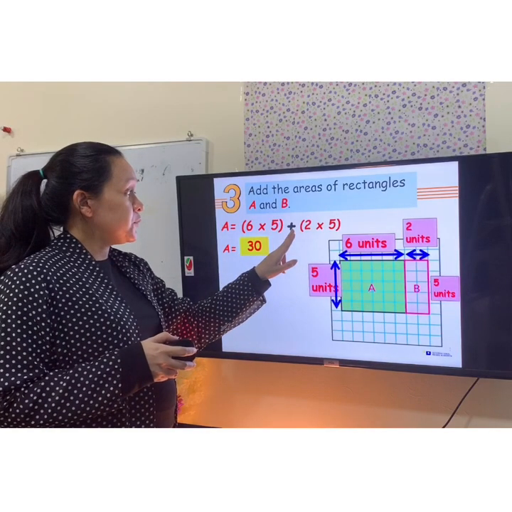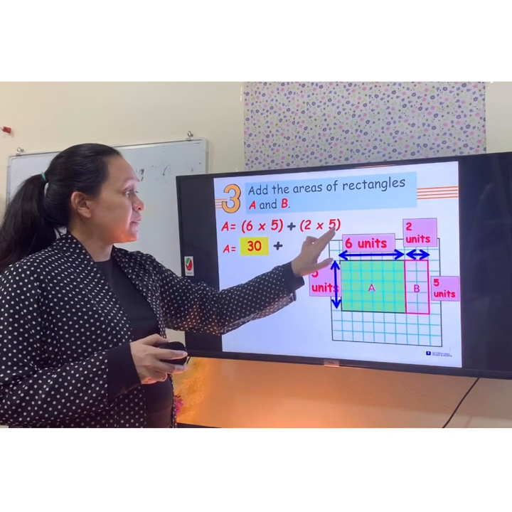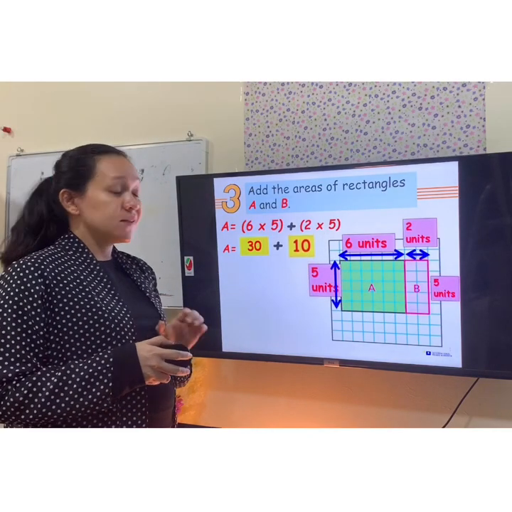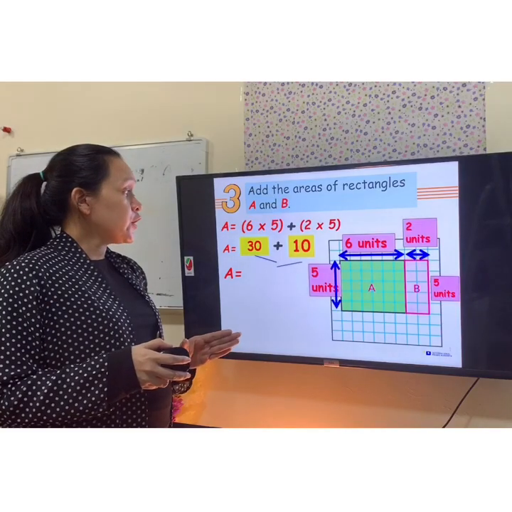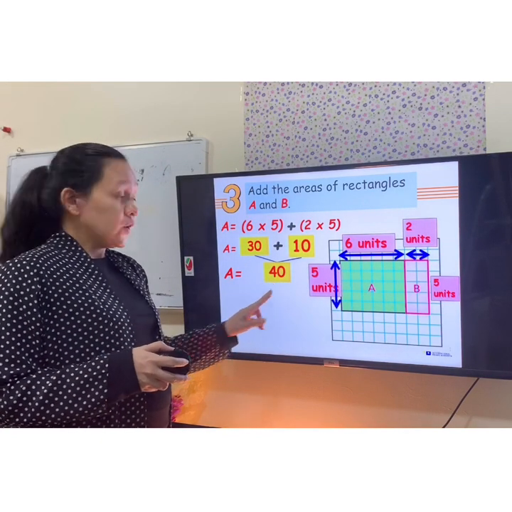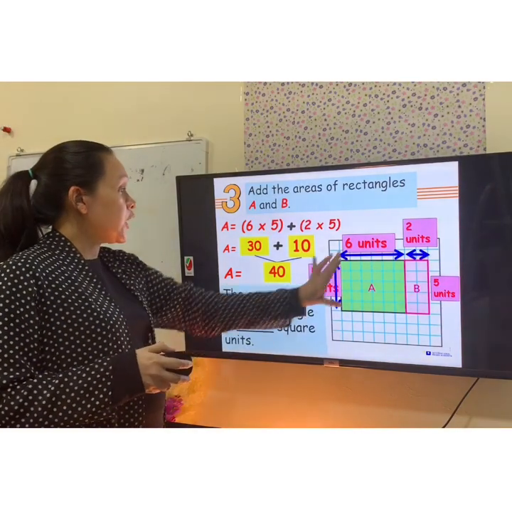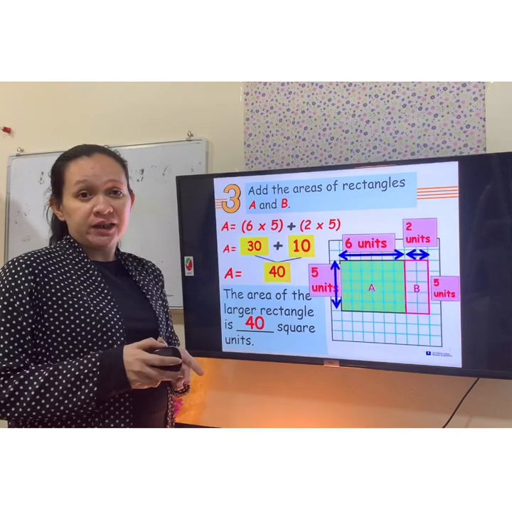Now, we put the addition sign, and 2 multiplied by 5, the answer is 10. Now, we add them both, and the answer is 40. So, the area of the larger rectangle is 40 square units.